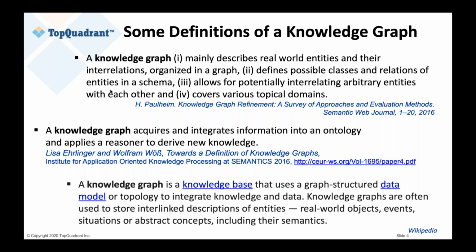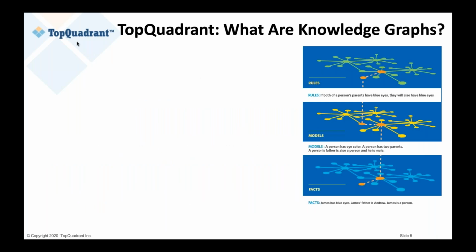The second one talks about ontology, which is all the same as schema or a model. And the third one talks about the fact that there is knowledge as well as data, and we store semantics as well as real-world objects and information about them. So this is a commonality of different definitions.